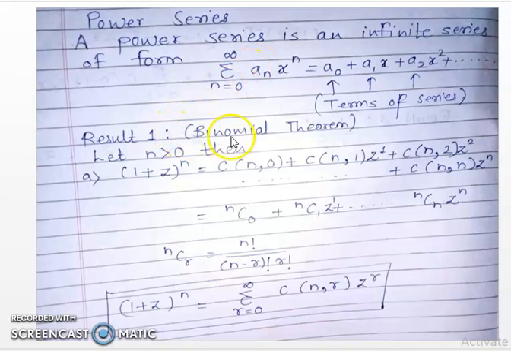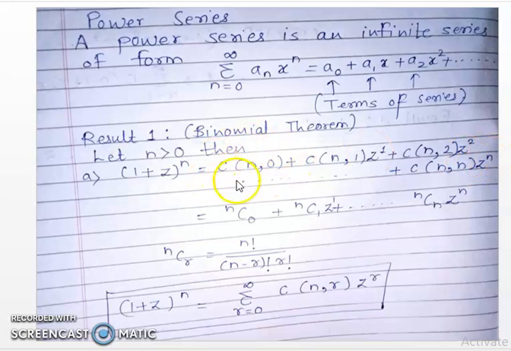Then we see the binomial theorem. In that, firstly we suppose that the n value is greater than 0. Then the first formula for the binomial theorem is (1 + z)^n, which we can write as combination of n comma 0 plus combination of n comma 1 into z raised to power 1 plus combination of n comma 2 into z raised to power 2, up to combination of n comma n into z raised to power n.